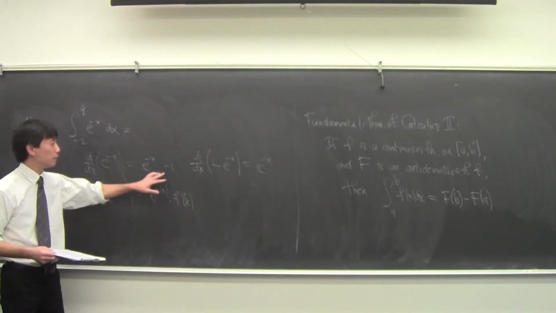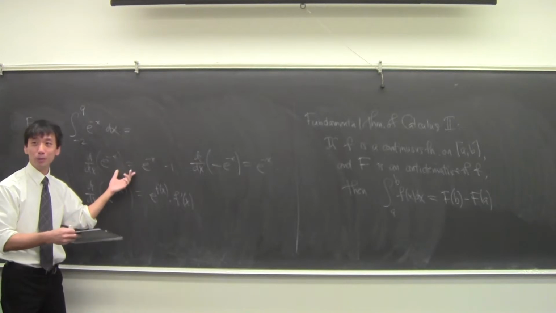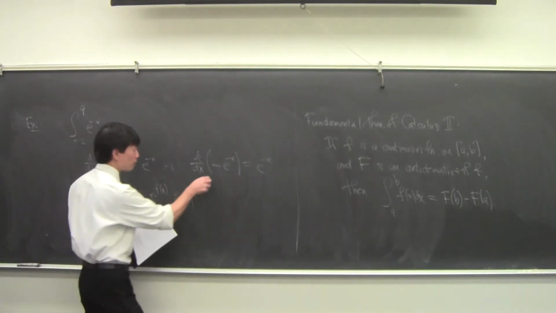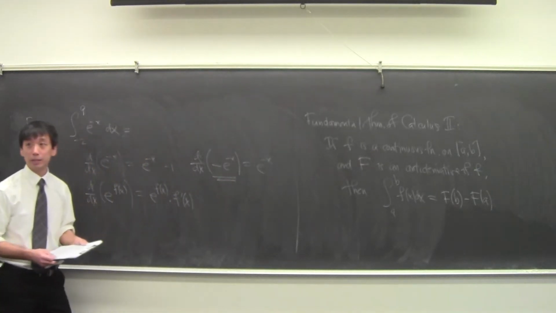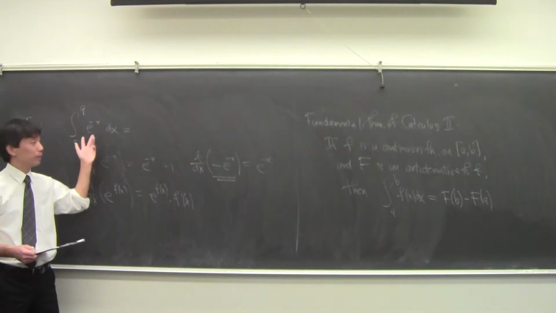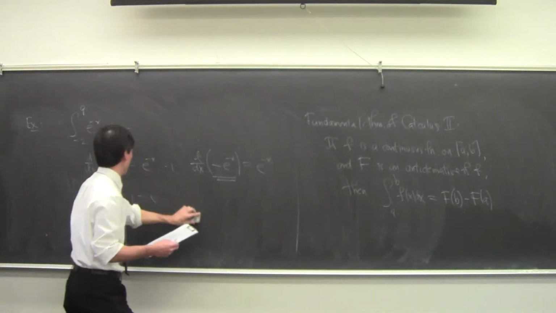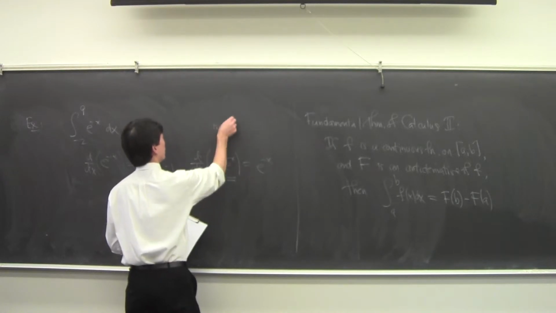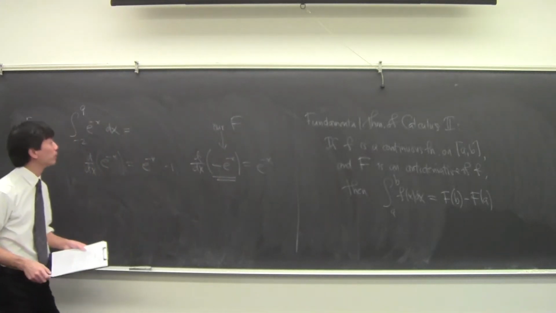By trial and error, you can fix it up. So negative e to the negative x is an antiderivative of e to the negative x. So we found it, and this is our big F.